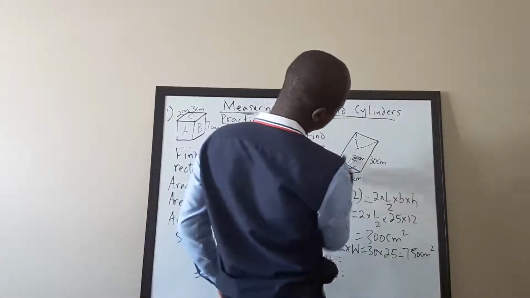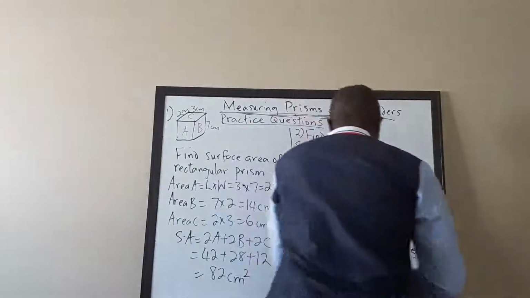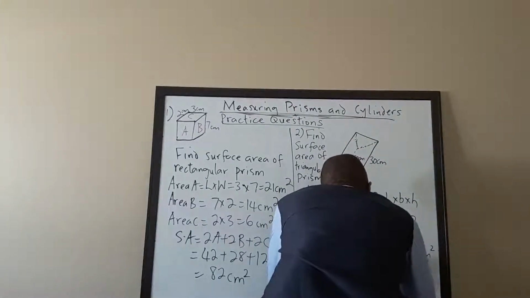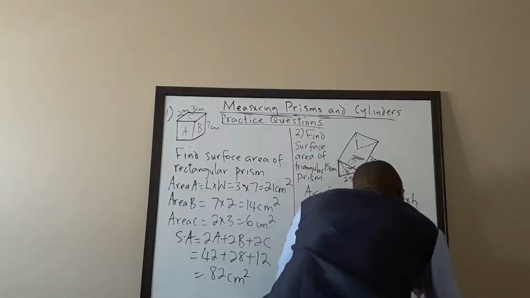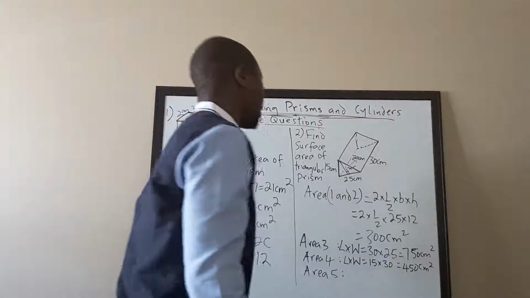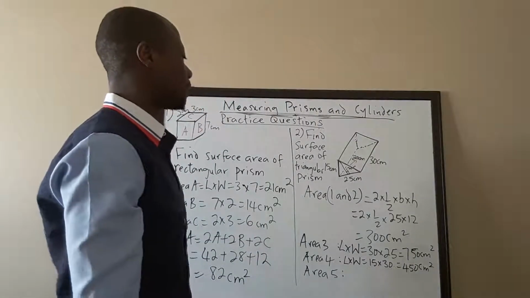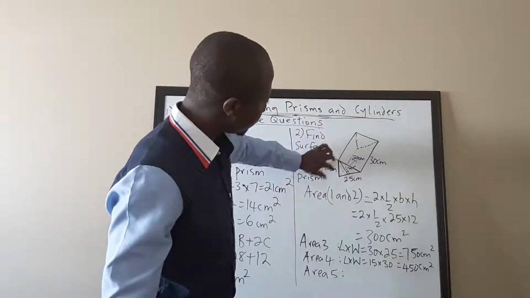So I'm looking at 15 and 30, length times width. I think that is 450. Yeah. So 30 and 15.